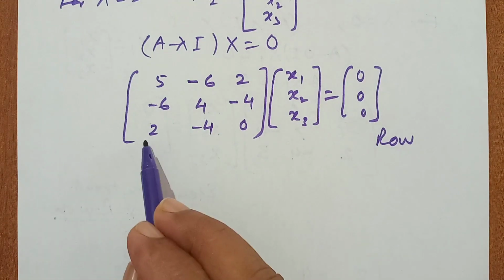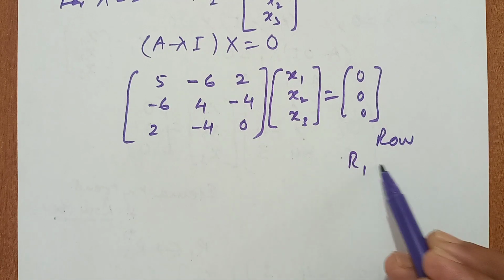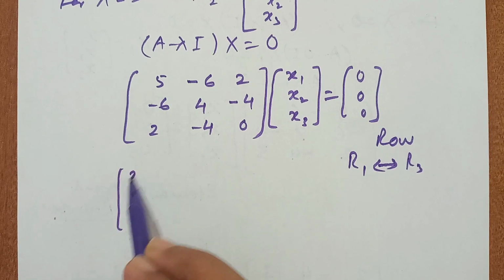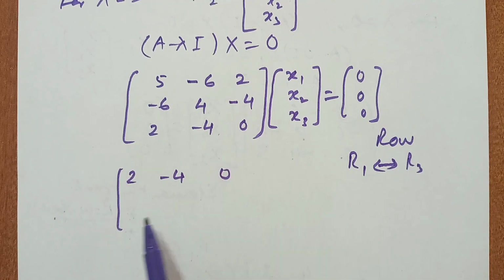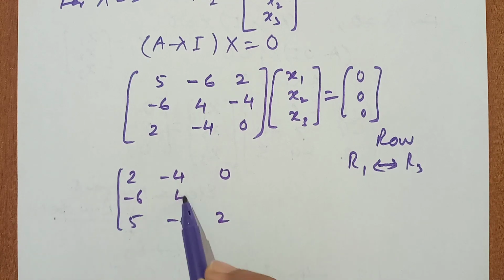So here, we interchange R1 and R3. Okay, so 2 minus 4 0, and 5 minus 6 2 is as it is.